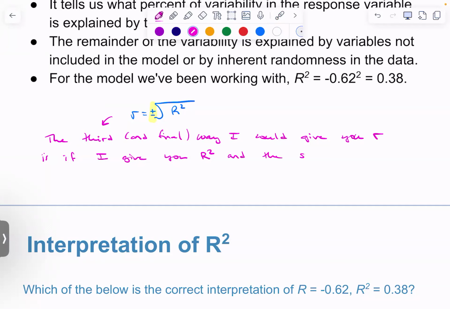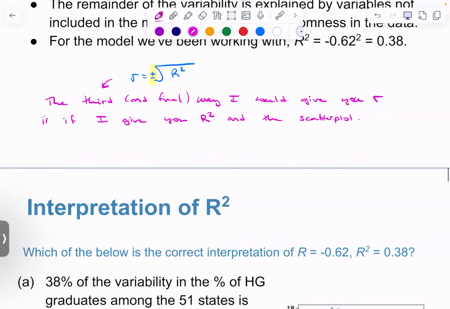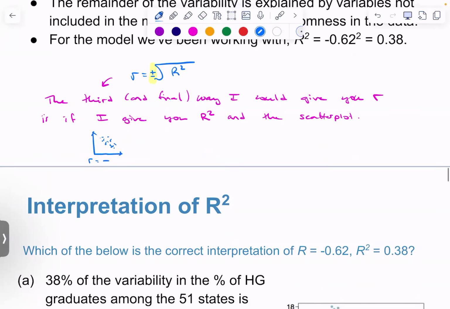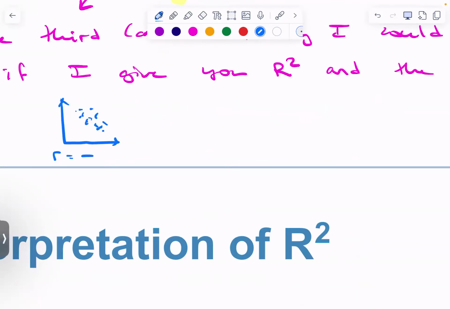And the scatter plot. Right? So if you have something that looks like this, a negative relationship here, then r would be the negative square root of r squared. I'm just running out of room here.